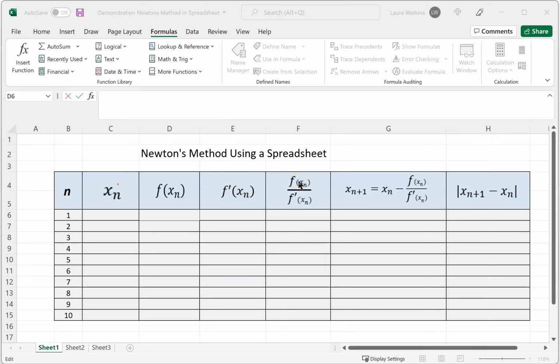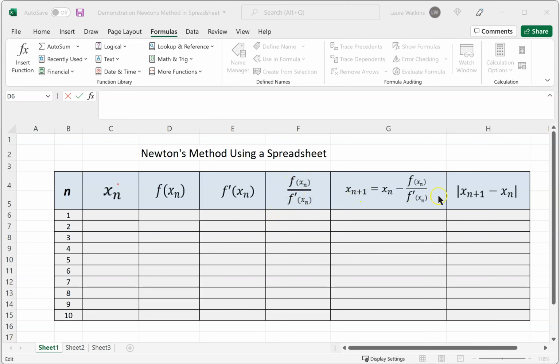And then we need the ratio of f at xn over f prime at xn. And then to find our next iterate, our next successive approximation, we take our original approximation on this iteration and subtract from it this ratio.